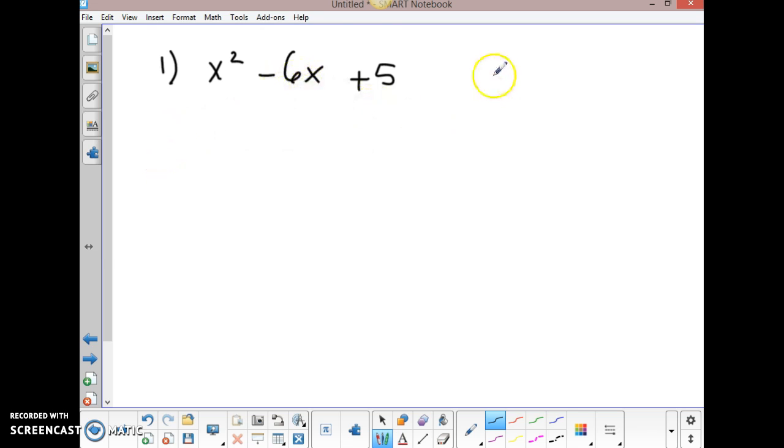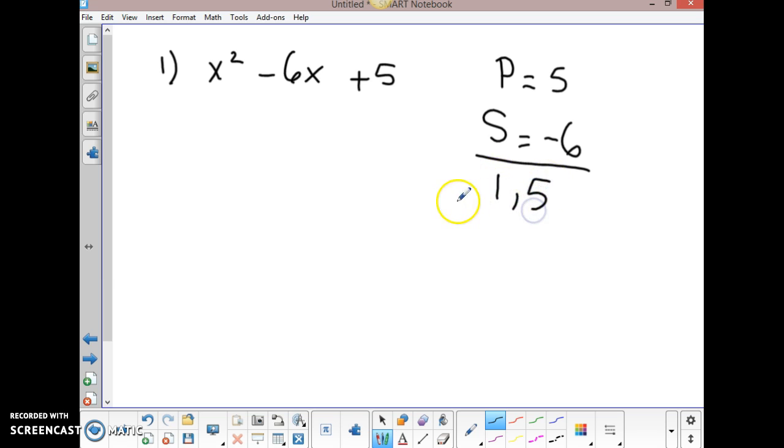The way this would work is you would always look for 2 numbers that give you a product of 5, which is the constant term here, and a sum of negative 6. Try to find 2 numbers that multiply to 5 and give you a sum or a difference of negative 6. Well, the only 2 numbers that multiply to give you 5 are 1 and 5.